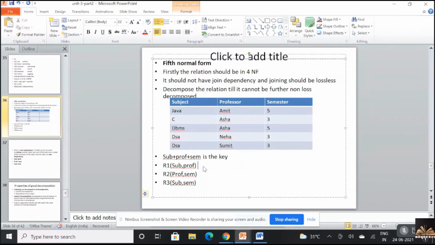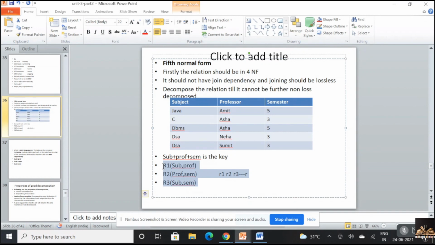And this decomposition of the relation capital R is in 5NF whenever I'm trying to join R1, R2, R3, and if I'm getting R, then I say that these three pieces of the table R are in 5NF.